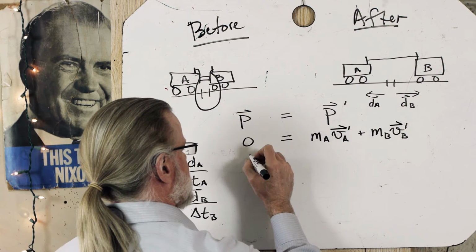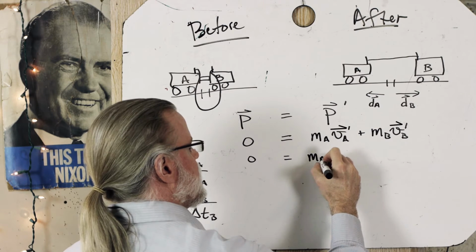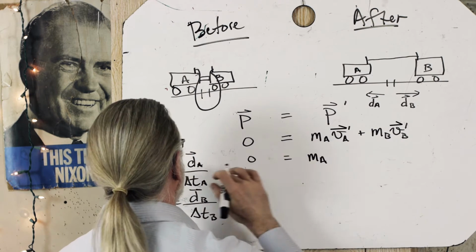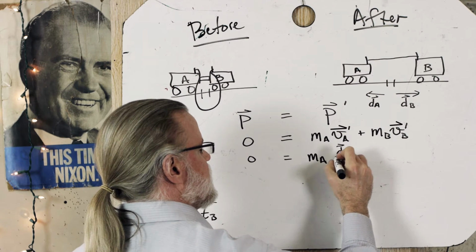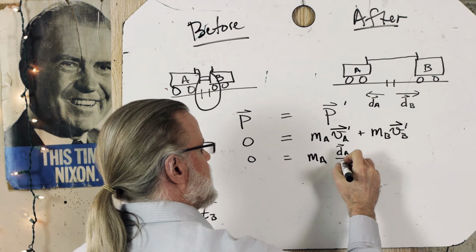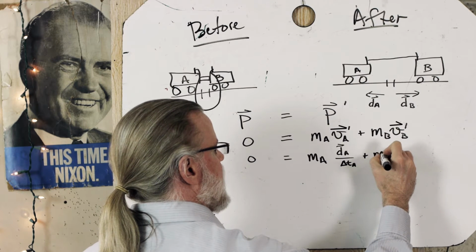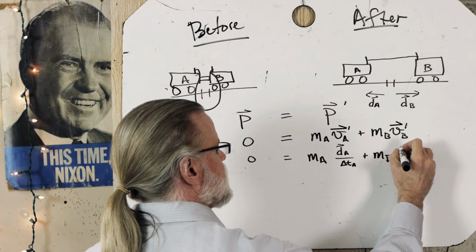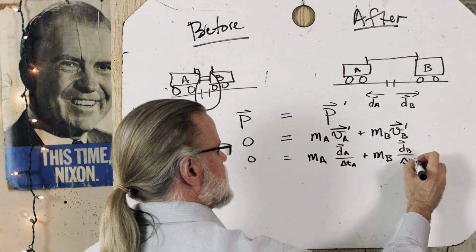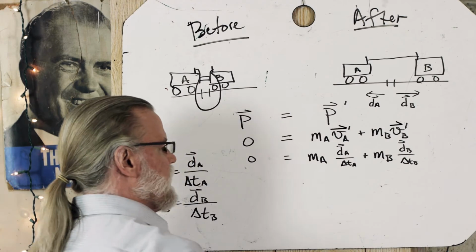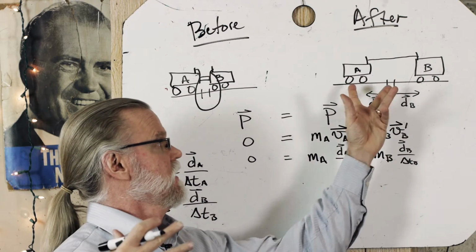Let's say that 0 equals mass of A times the velocity of A, which is the displacement of A divided by delta T A, plus the mass of B times displacement of B divided by delta T B. But something interesting occurs when these carts fly apart.